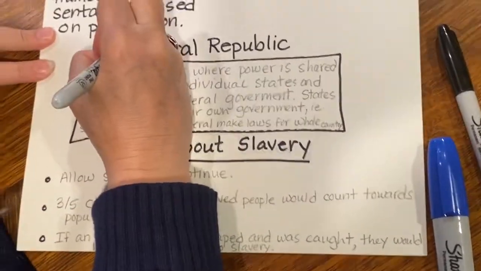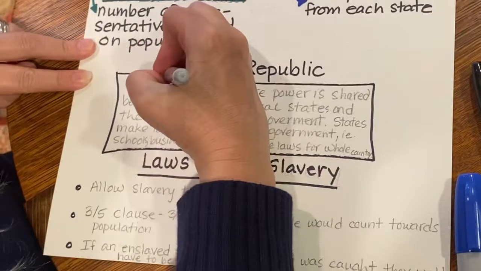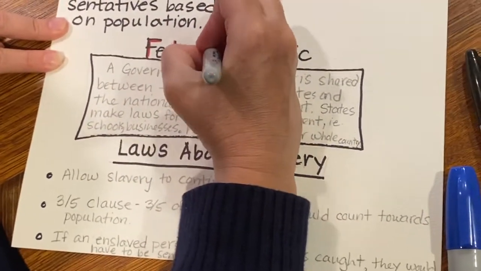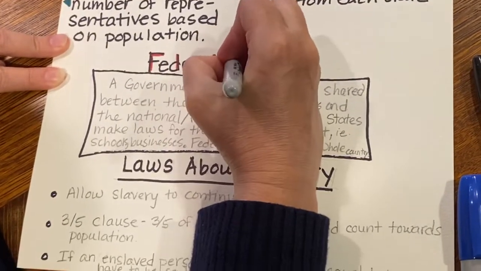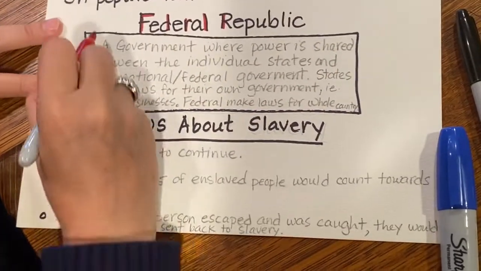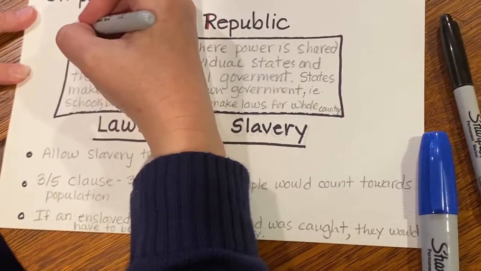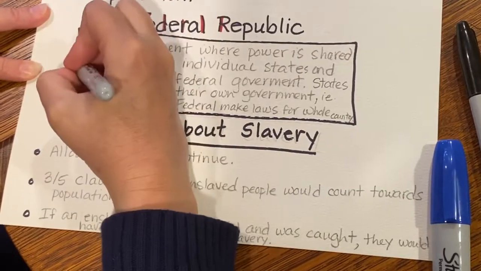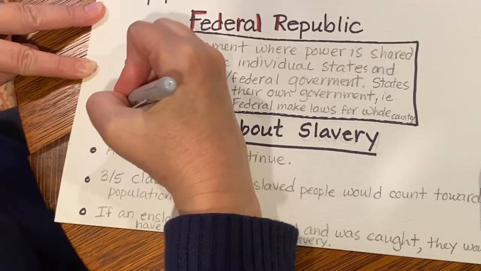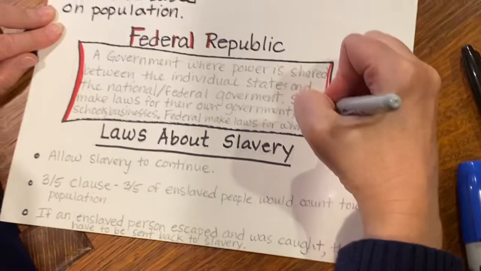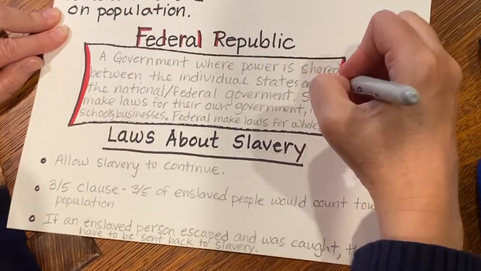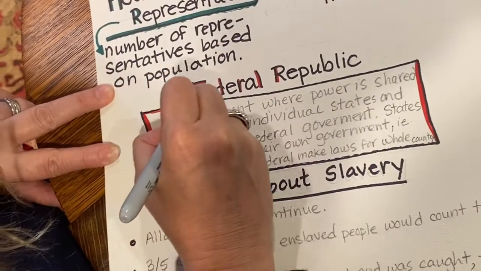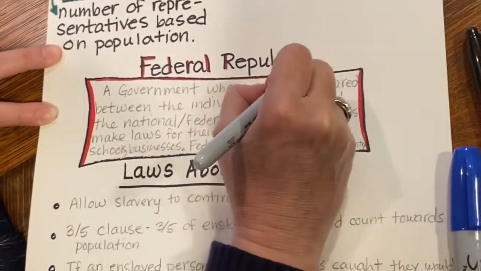Break it up and give a little touch of red to this one. Okay, and then I think I'm going to add some color to the outline of this box too, because this definition is really important. I want people to notice it. Okay, and maybe across the top as well.